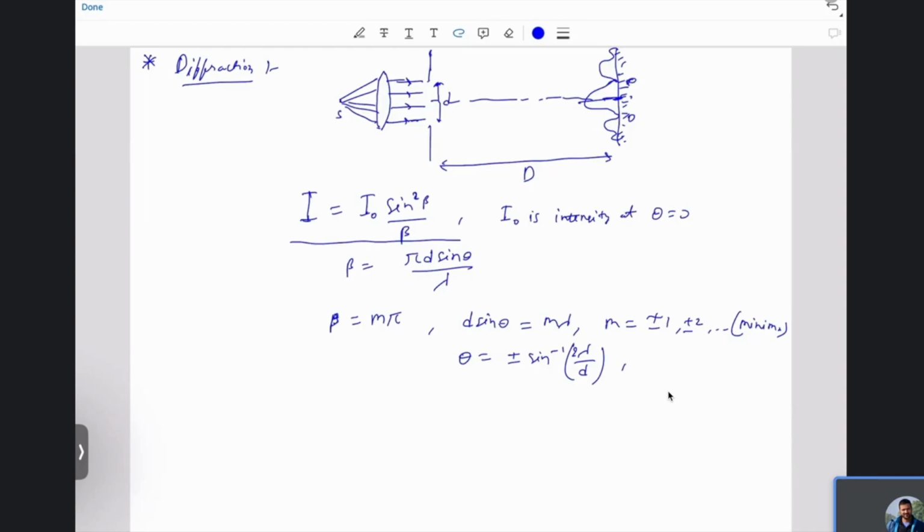You calculated that very straightforwardly, right? But for maxima, what can you do? Do you have some idea? Rajesh?